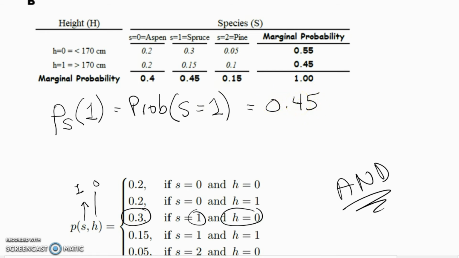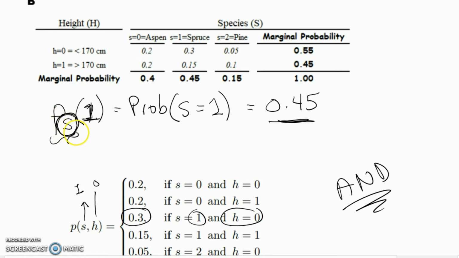So what does that mean? Here we're thinking about the probability, and what we're going to do is put some value in this function, and that's going to return a probability. We're focusing on species; that's what this S is about.